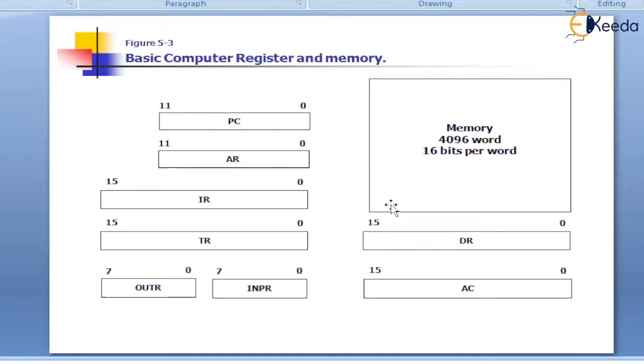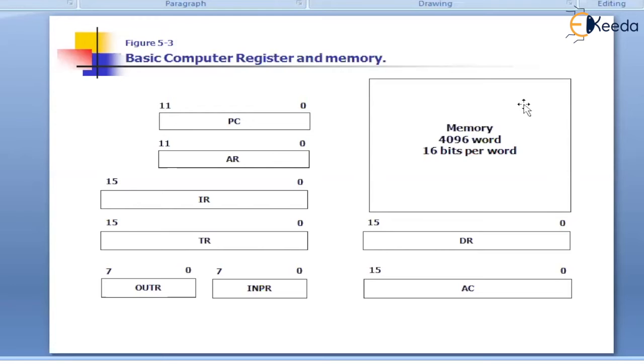That means one word in the main memory is 16 bits, in which the address part should be equal to 12 bits. That is because the memory is 4096, which is 2 raised to 12. So we require 12 address bits and 16 data bits.